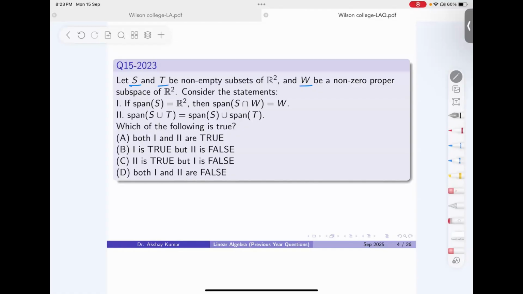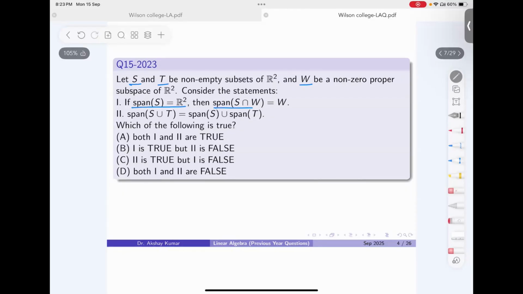The first statement is: if the span of S is R2, then the span of S intersection W will be W. Is it true or false? You take S intersection W and then take the span of that. Will it be equal to W?